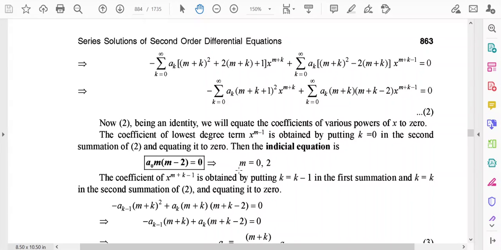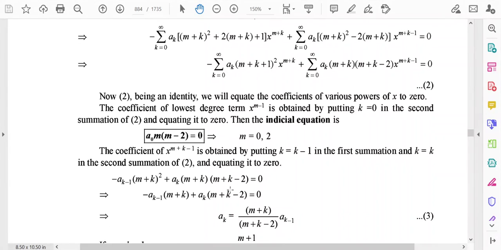So next what we will do, we can calculate the generalized equation, that is the recurrence relation. The recurrence relation can be found if the coefficient of x to the power m plus k minus 1 is obtained. So this will depend on the type of problems, and the recurrence relation can be obtained in different ways.